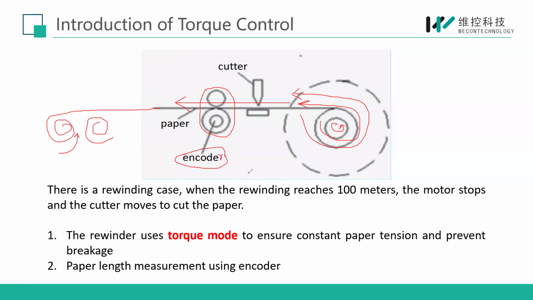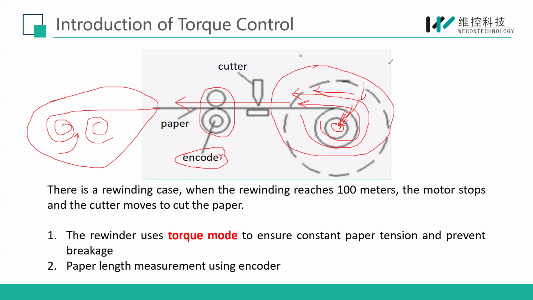Why do we need to use torque control here? Because as the system runs, the roll diameter of the paper gets smaller and smaller, so the line speed of the paper will keep changing. In order to keep these two parts at the same linear speed, we have to use torque control.